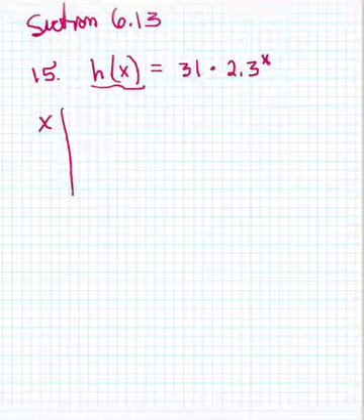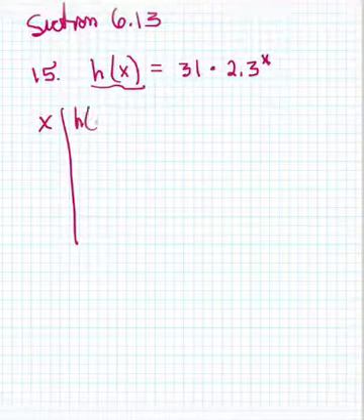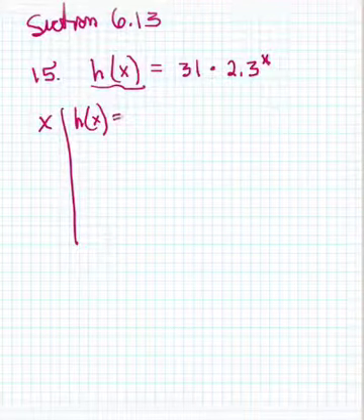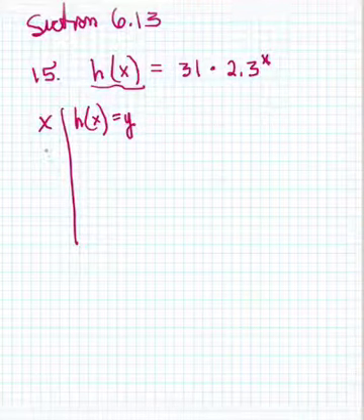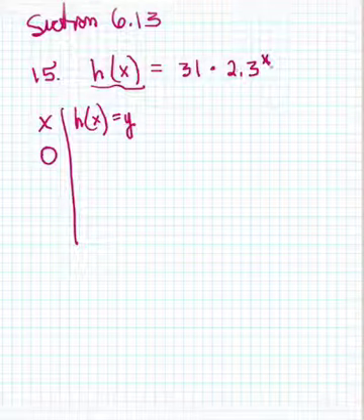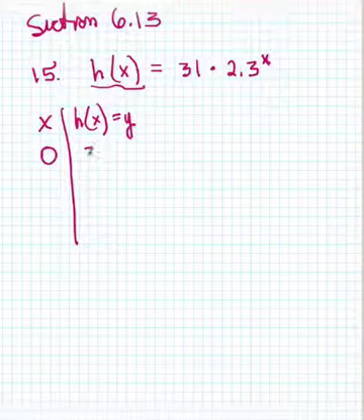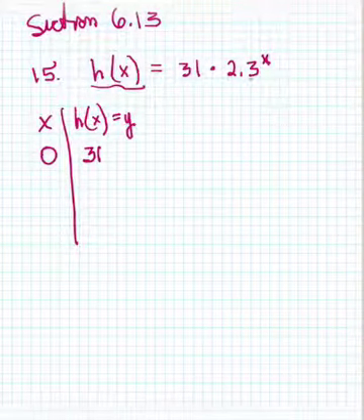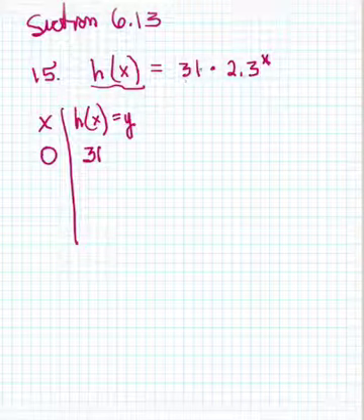X, and we could call this h of x, which is the same as y. So when x is 0, for example, y or h of x will be 31, because 2.3 to the 0 is going to be 1, so 31 times 1.